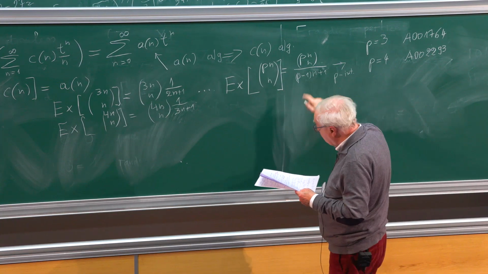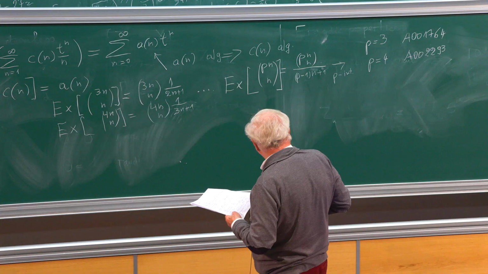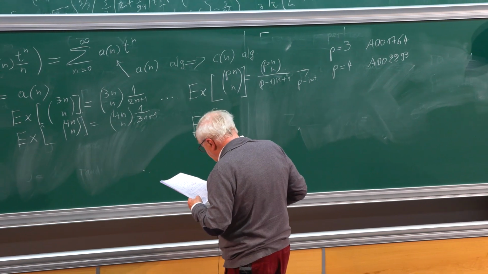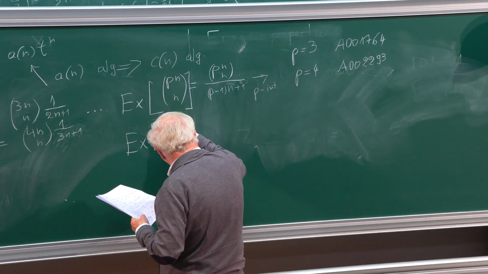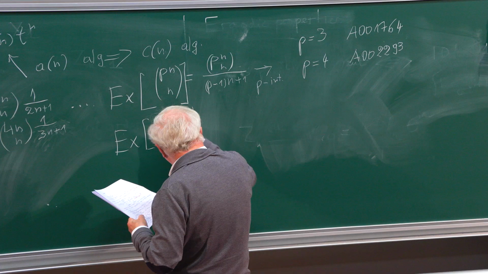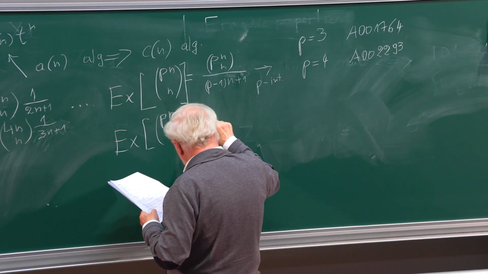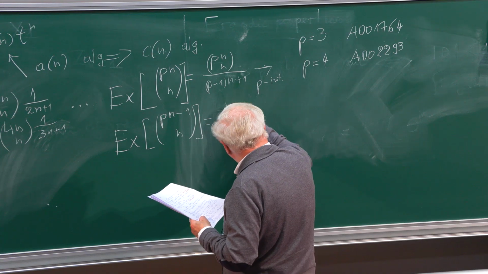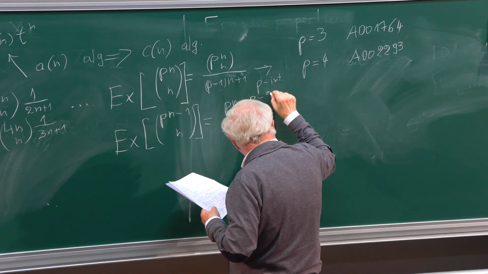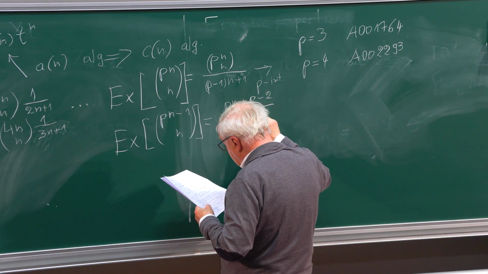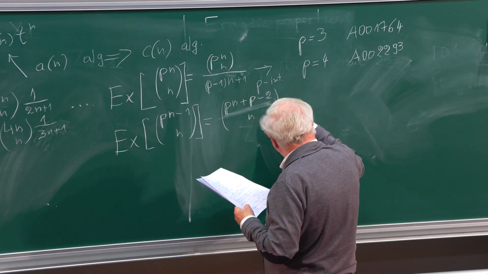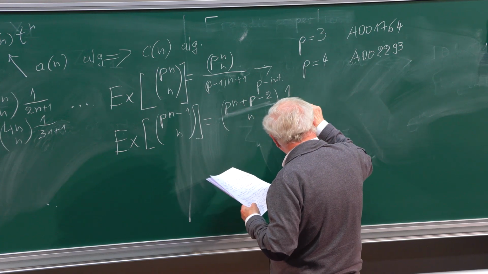So this is an example of a relation. Now, a second example, which I will give, is that if we take another binomial, binomial pn plus 1 over n, this gives something different because it gives binomial pn plus p minus 2 over n divided by n plus 1.